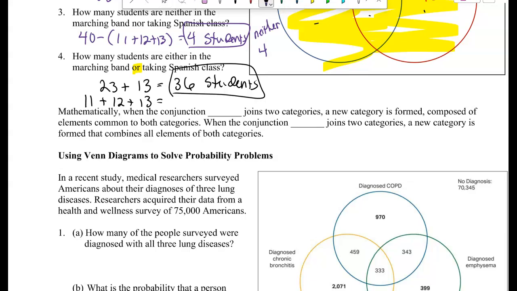Holy cow, yesterday. Okay. Mathematically, when we use a conjunction, and conjunction means bringing things together, when we use and, it joins 2 categories, and a new category is formed. Guys, what is the new category?